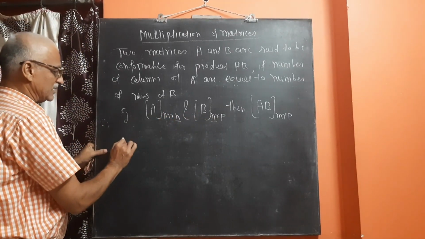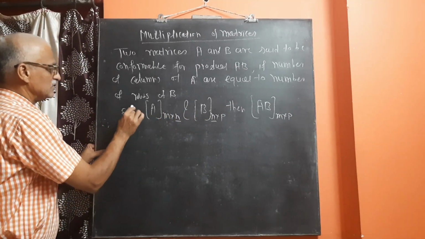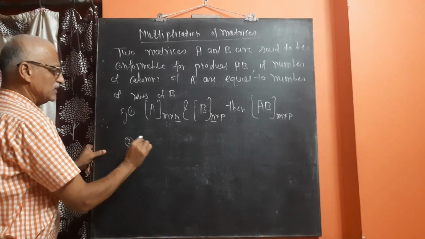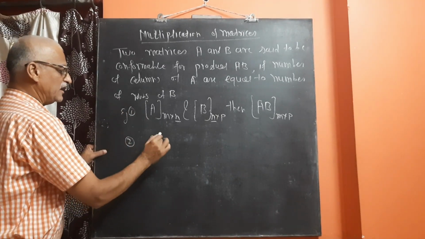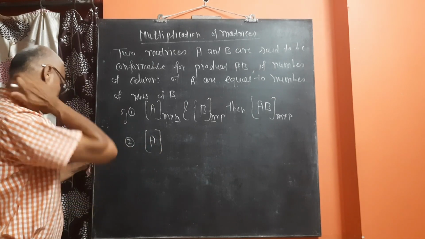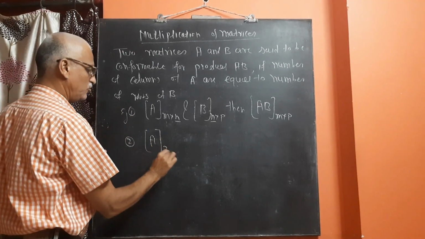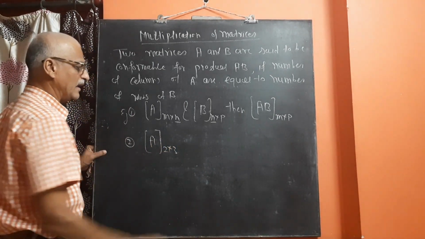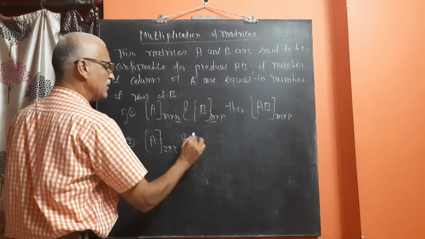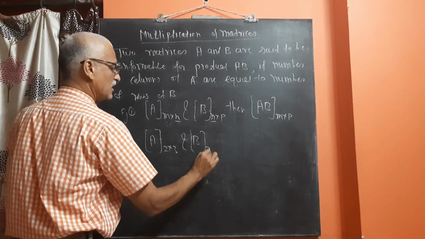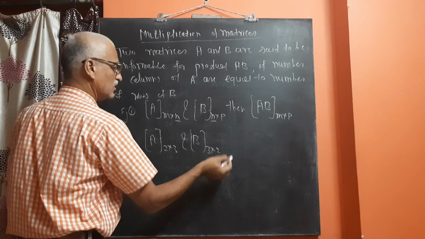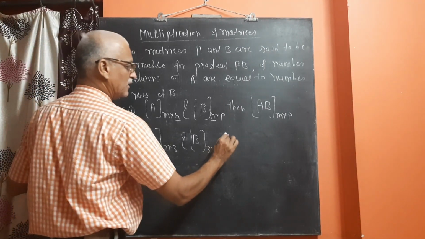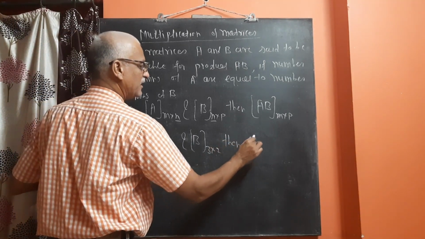Suppose second example, this is first one. Second one is, if I write the matrix A with order 2 by 3 and the matrix B with order 3 by 2, then again we can find the matrix AB.